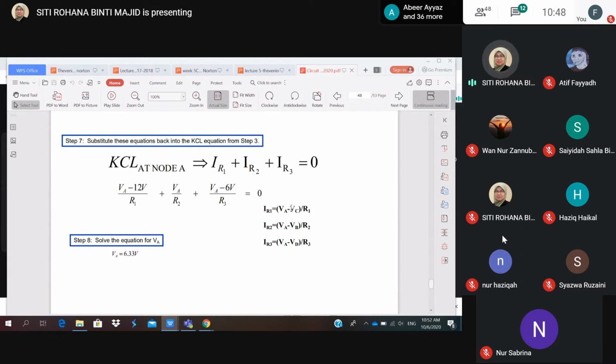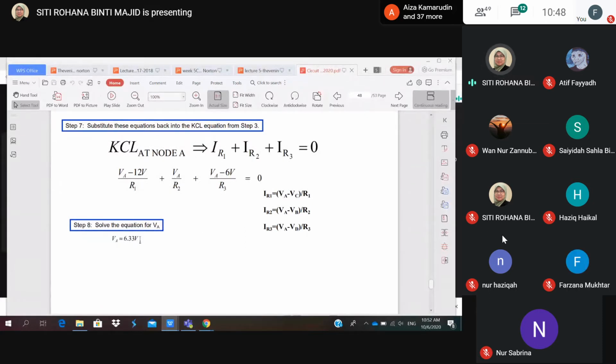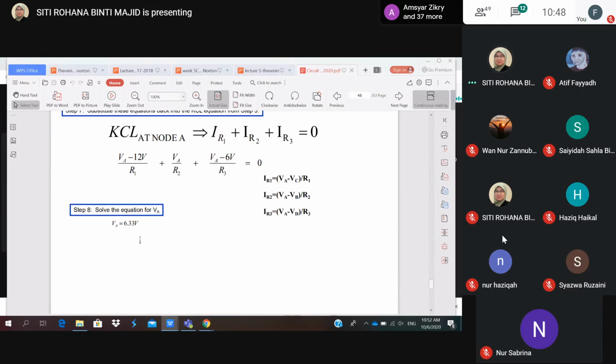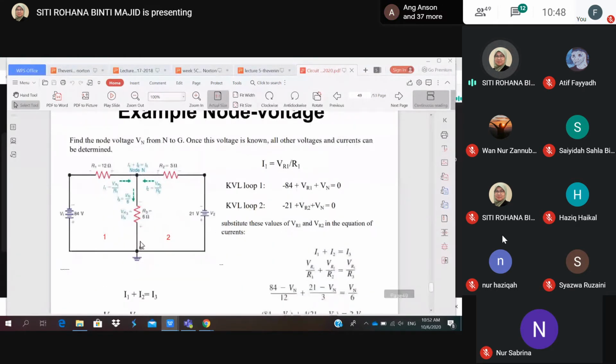You just plug in the values of V_C and V_D and V_B, and then you will get the value of V_A from the solved equation. So I give you an example here, where we have V1 over R1, and V_R2 over R2 for I2, and also for I3.